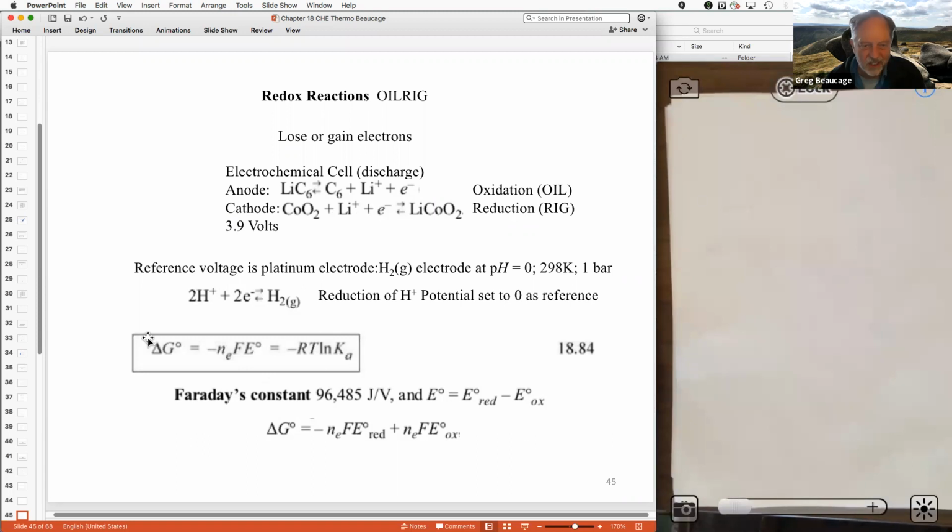So log of Ka is going to give you the free energy of the dissociation. If you want to know the potential, this Faraday's constant will tell you the potential of the reaction. So the potential is going to be ln of Ka divided by the Faraday constant times the number of electrons that transfer. And then you can tell the potential of the reaction. You can make a battery from it. It'll generate electricity if you put a circuit to consume the electrons.